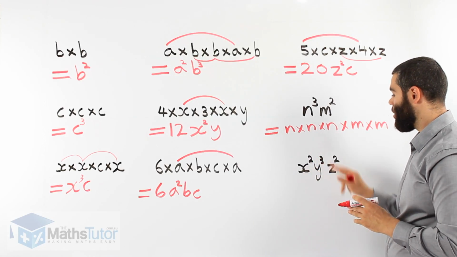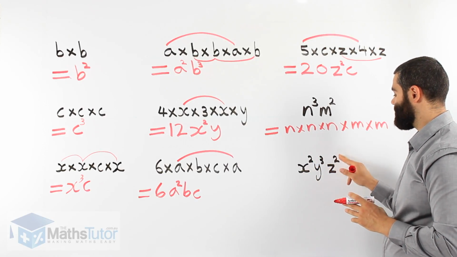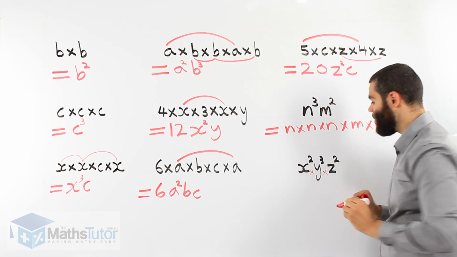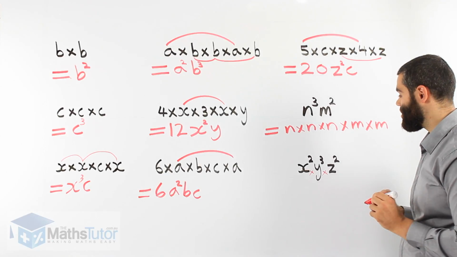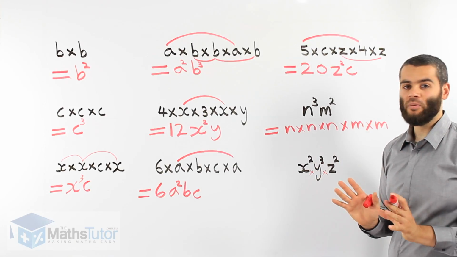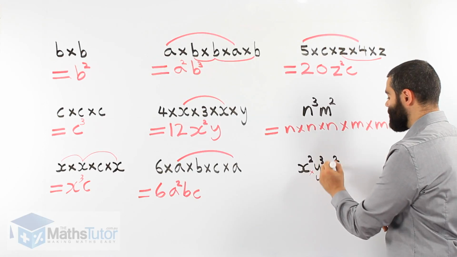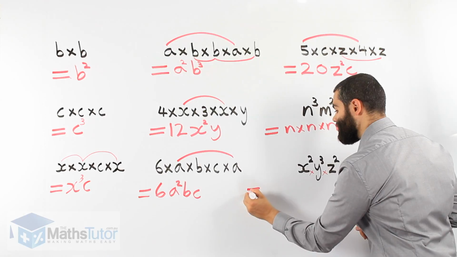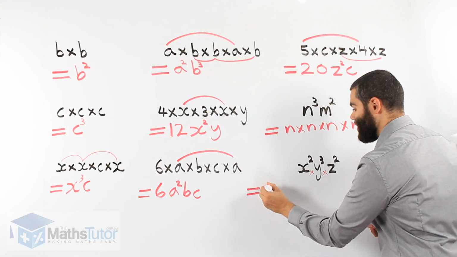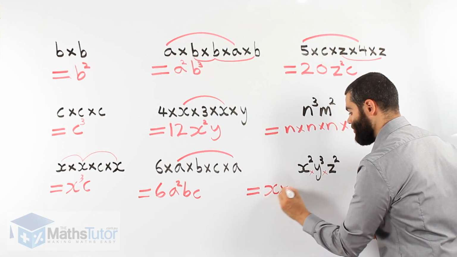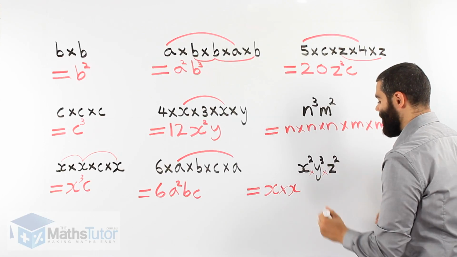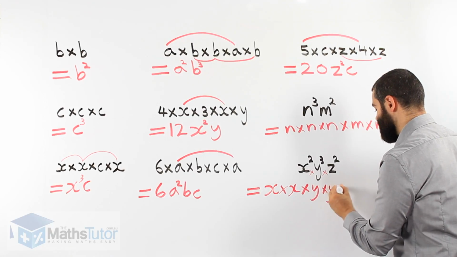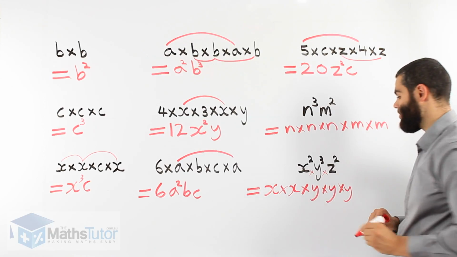x squared, y cubed, z squared. We know there's a multiplication. Between the pronumerals, there's always a multiplication. If there's nothing there, we know straight away it means multiply. x squared times y cubed times z squared. Okay, let's do it. x squared meaning x times x. y cubed meaning y times y times y.